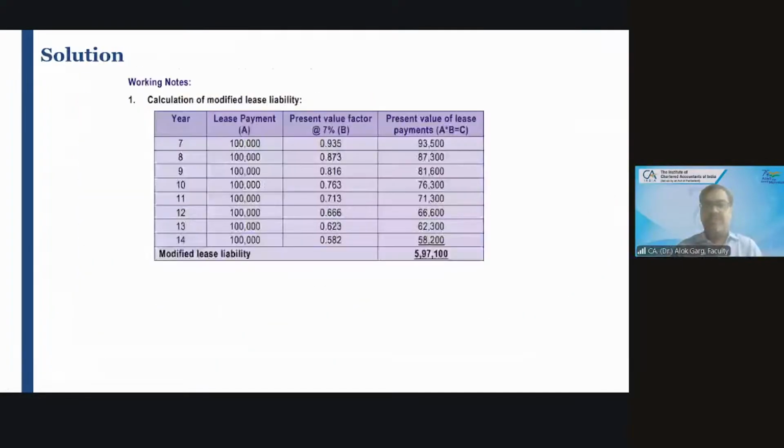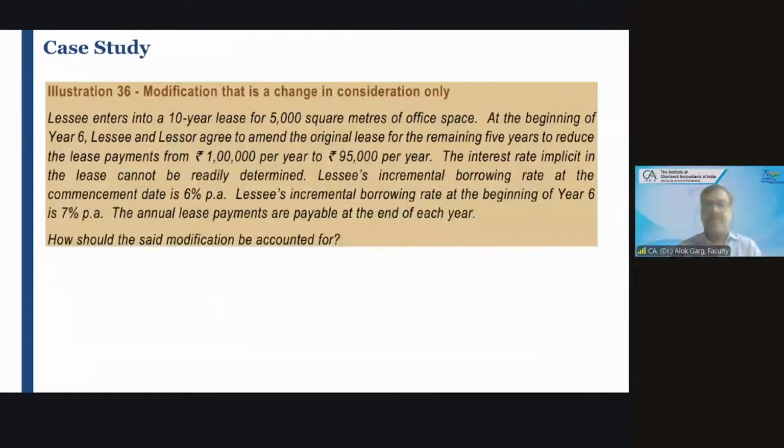So this illustration 34 we have covered, right? Illustration 36 we have covered, where the lease payments were decreasing from 1 lakh to 95,000. So what we did, we computed revised lease liability. And what is the steps for modification? Steps for modification accounting is number 1, you need to compute your lease liability and right of use asset as per the initial contract, right?